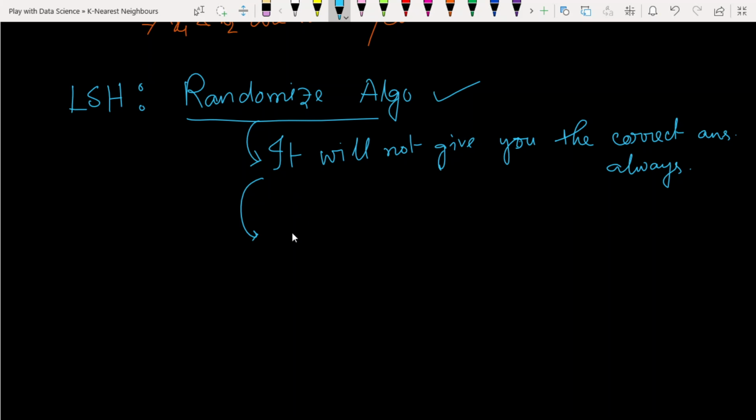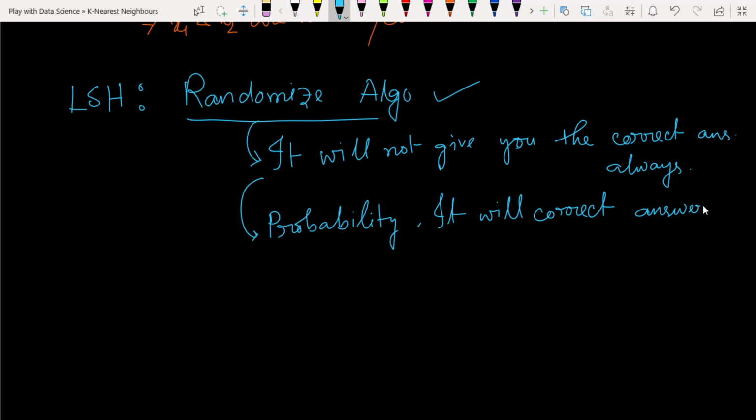So the probability to give the correct answer is high, but it will not necessarily give the correct answer always. Its probability is high to give the correct answer.